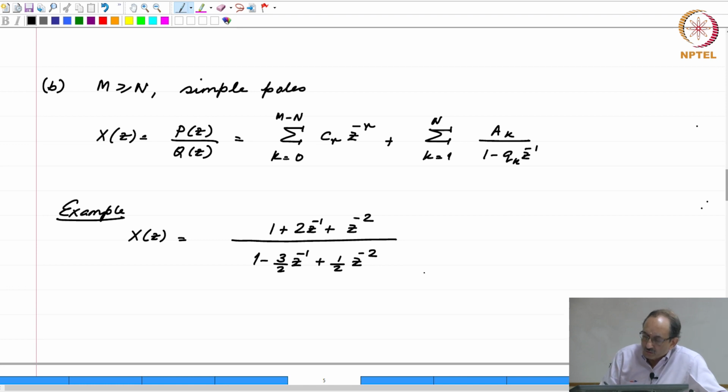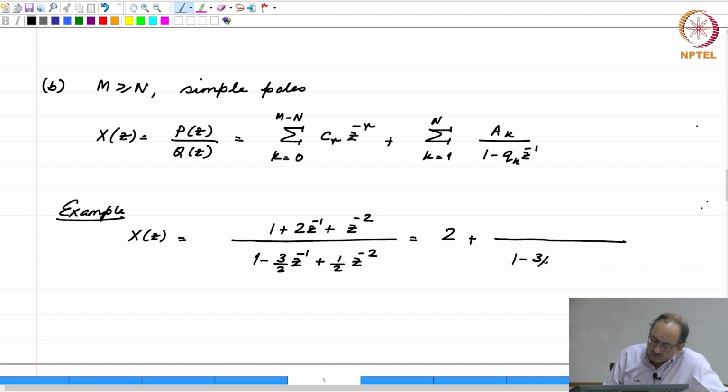You have to get the residues, and if you divide, this will be 2 plus minus 3 by 2 z inverse plus half z to the minus 2. This of course can be written as 1 minus half z inverse, 1 minus z inverse, and this will be minus 1 plus 5 z inverse.